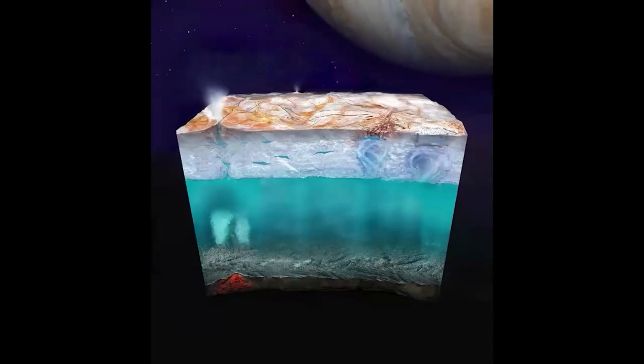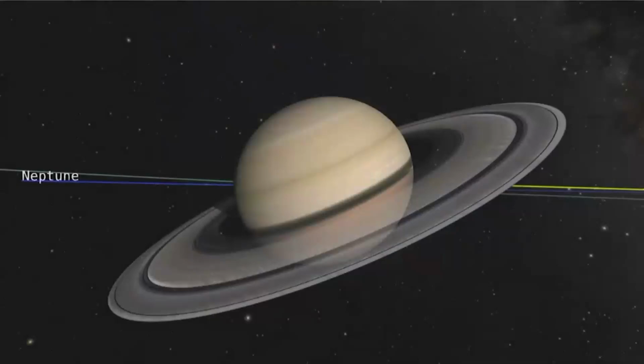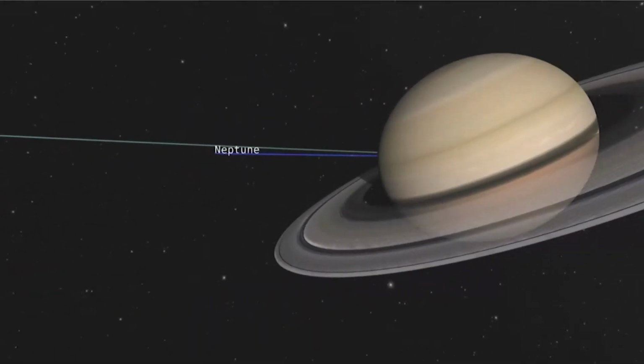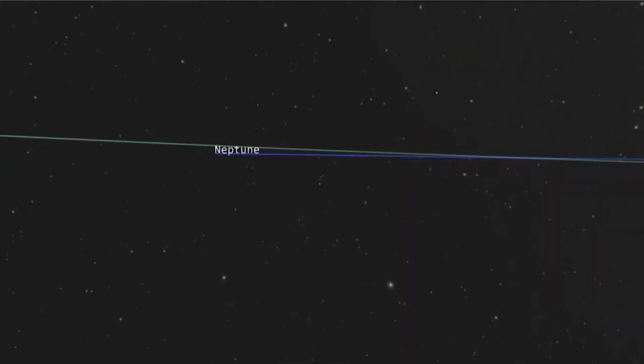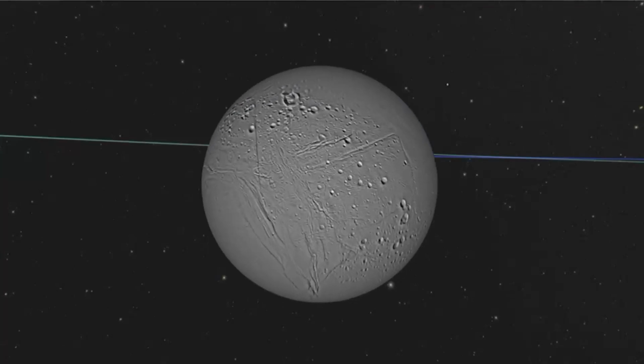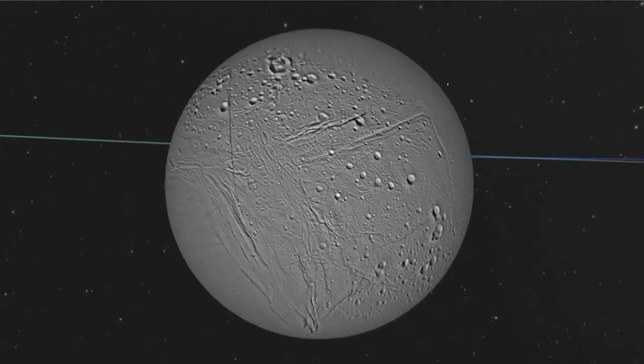And then finally, let's return to open space again. We're going to go to the planet Saturn, and we're going to now focus on another small moon. This is a moon called Enceladus. And like Europa, Enceladus is another icy moon that's completely covered by water ice.